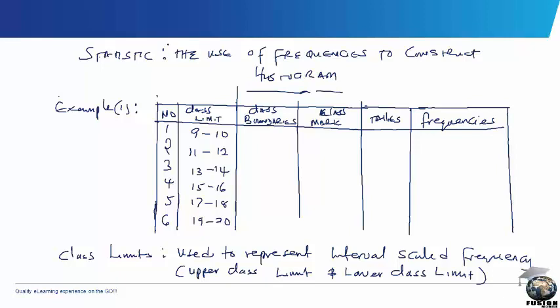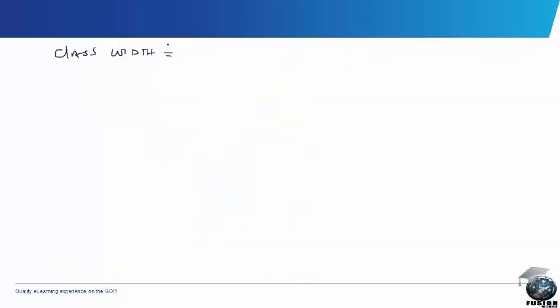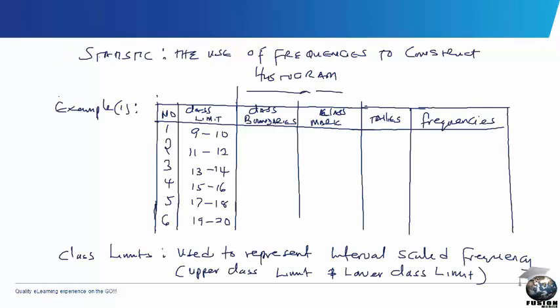So the class width there is equal to 2, because you have 2 points within the numbers there. The class width is defined for all the class limits, and it remains the same for all of them.